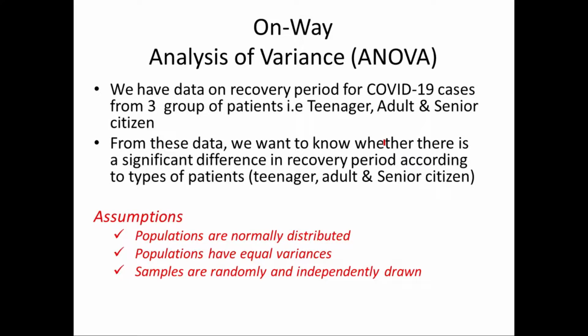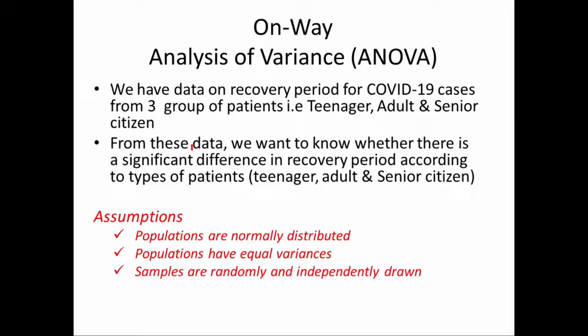Okay, to understand the theoretical aspect of one-way analysis of variance and how to calculate the variance, let's use the following example. Let's say we have data on recovery period for COVID-19 cases from three groups of patients, which is the first group is teenager, the second group is adult, and the third group is senior citizen.